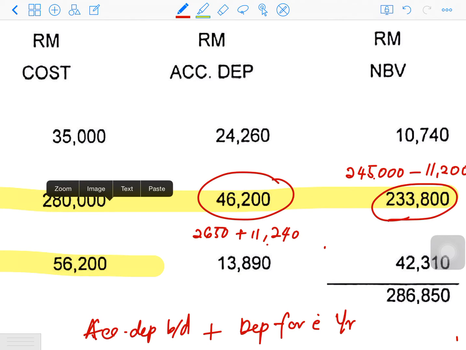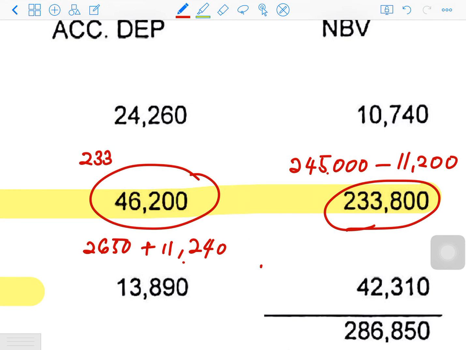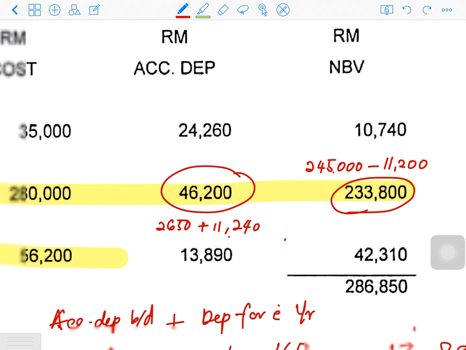So if you minus that 233,800, or you minus 280 minus 233,800, then you get this figure, 46,200, right?